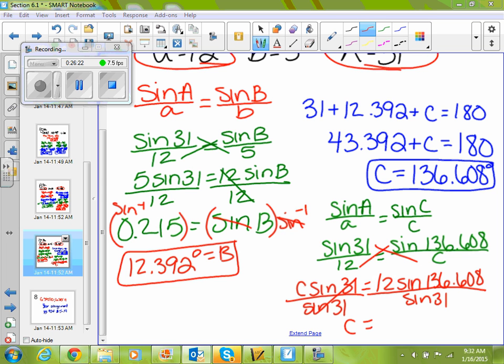I divide that by sine of 31. I get my answer to be C is equal to 16.006. So now I have all of my angles and all of my sides.